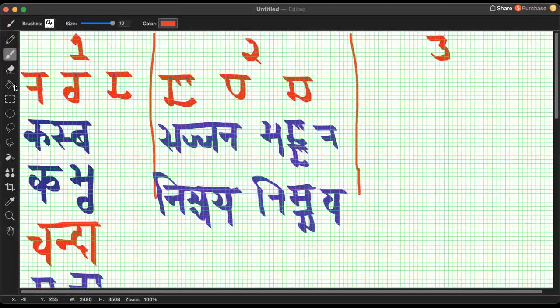Next, we know there are a few alphabets which do not have Shiroreka. Say like Ma, Pa, then Sh, So.